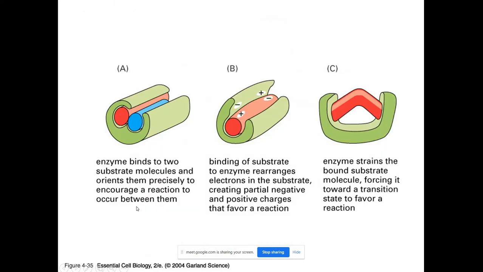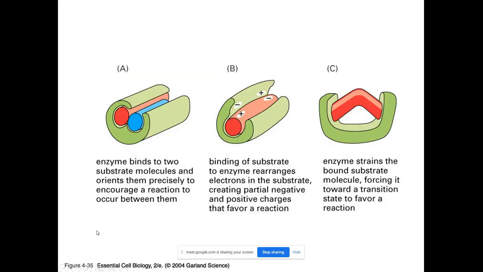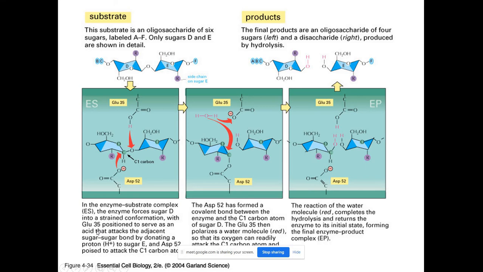So in the enzyme substrate complex, the enzyme forces sugar D into a strained conformation, with glutamic acid 35 positioned to serve as an acid and attack the adjacent sugar bond by donating a proton to sugar E. Now aspartic acid 52 is poised to attack the C1.